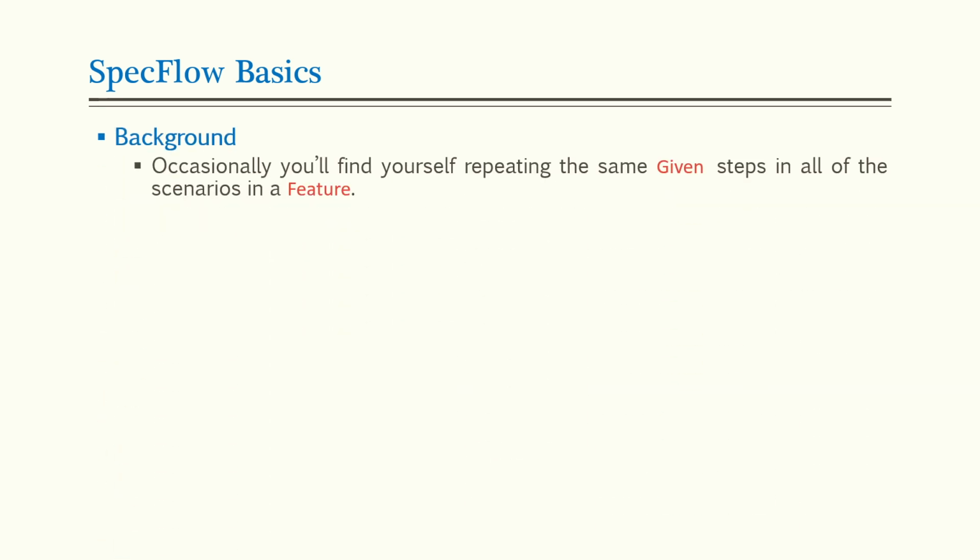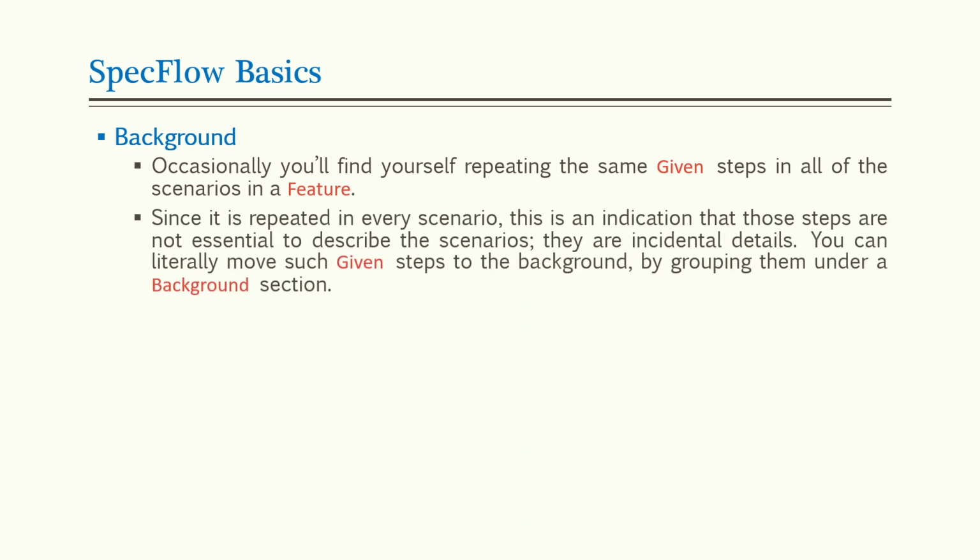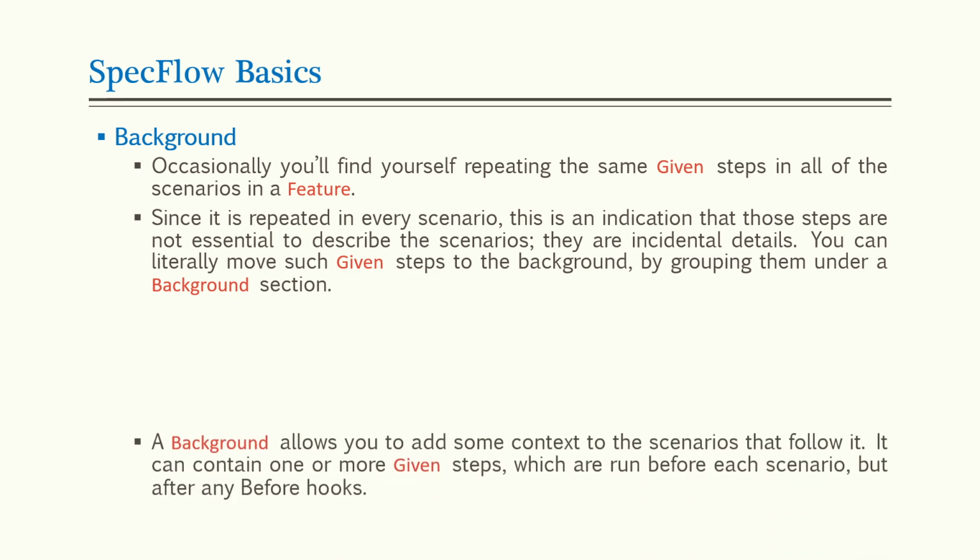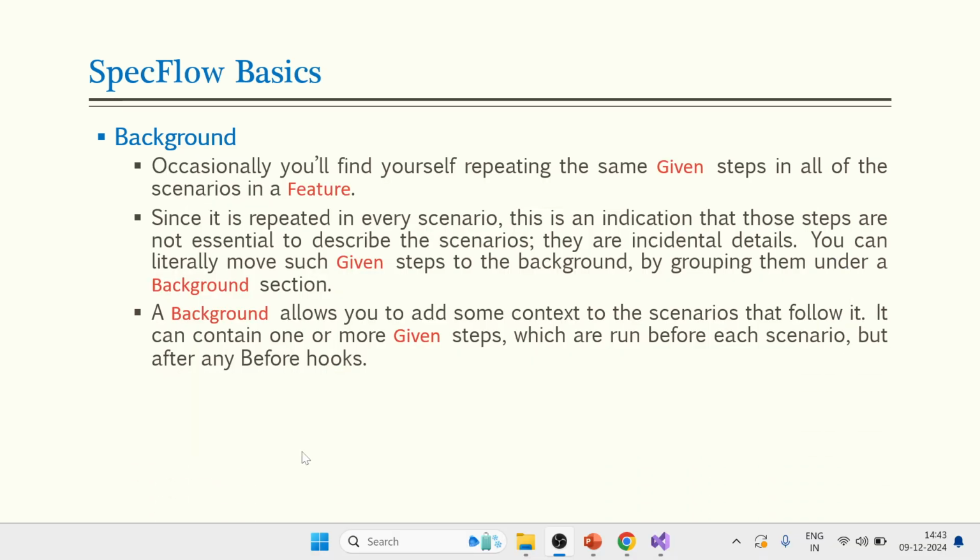Background. Occasionally you will find yourself repeating the same given steps in all of the scenarios in a feature. Since it is repeated in every scenario, this is an indication that those steps are not essential to describe the scenario. They are incidental details. You can move such given steps to the background by grouping them under a background section.